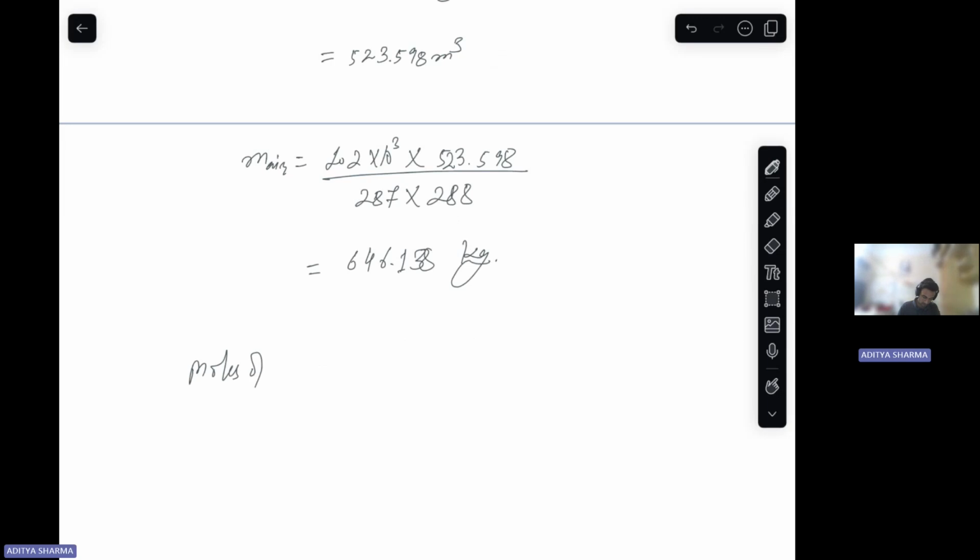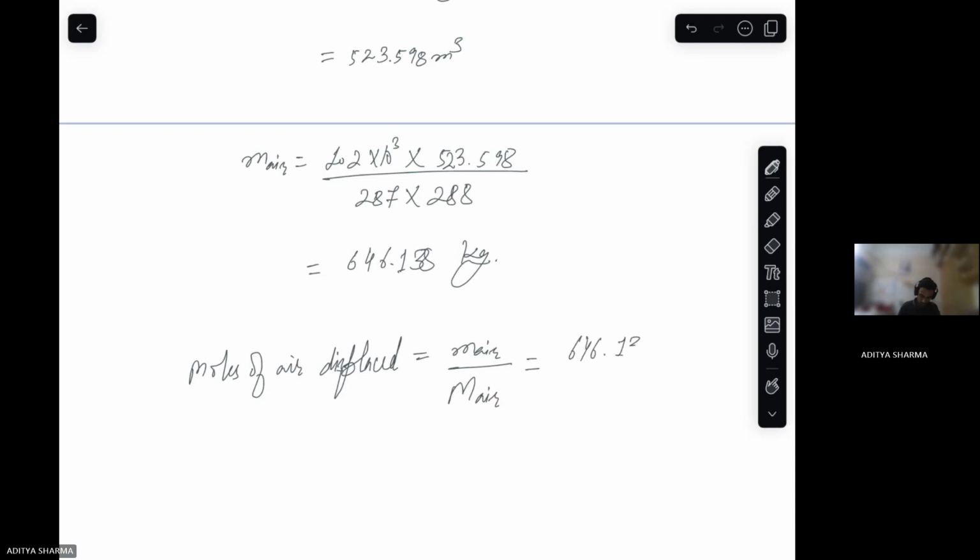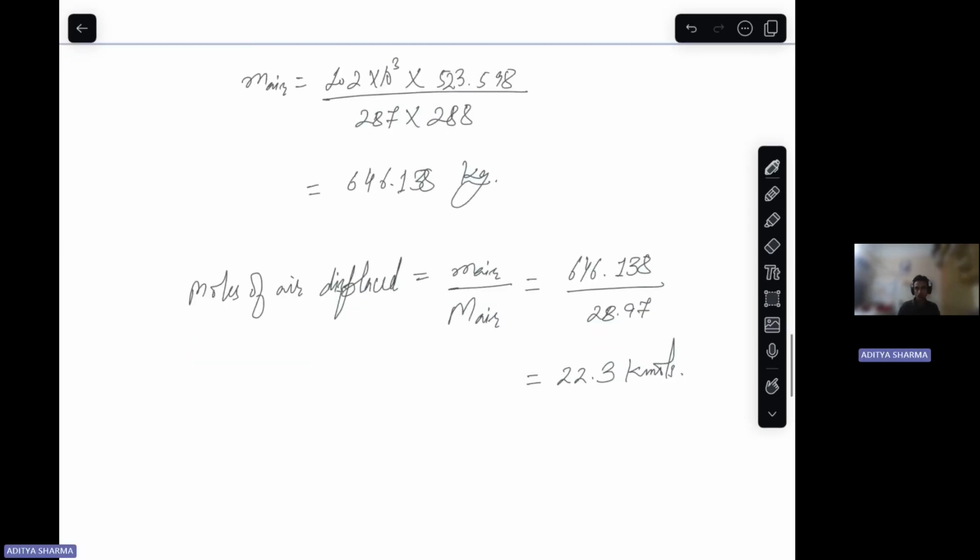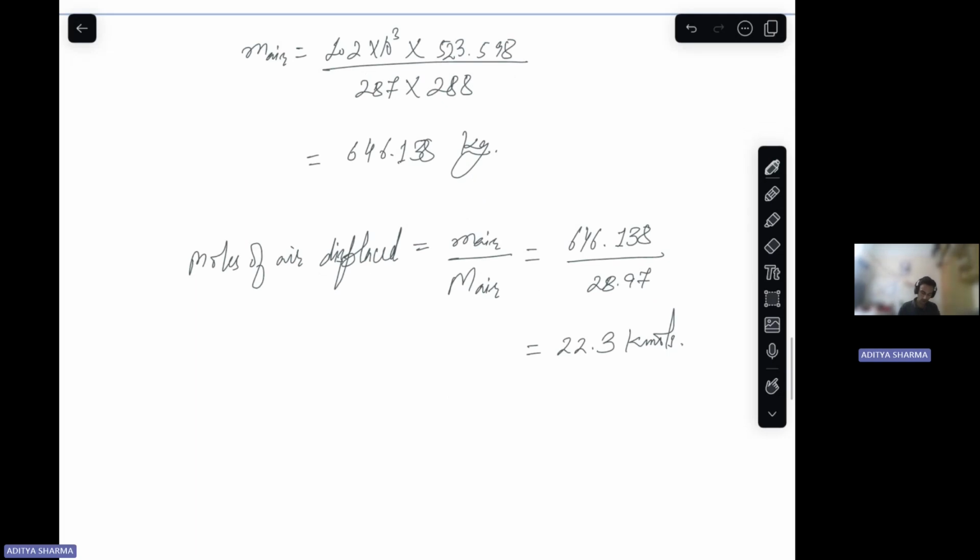So the moles of air displaced is now the total weight divided by this molecular weight. So this is our answer to question number 11.